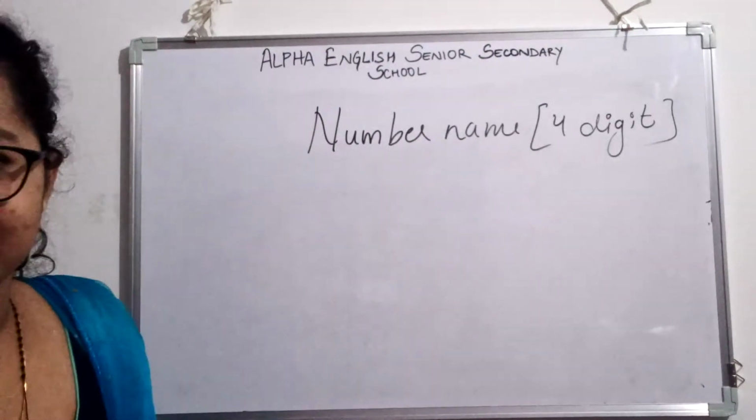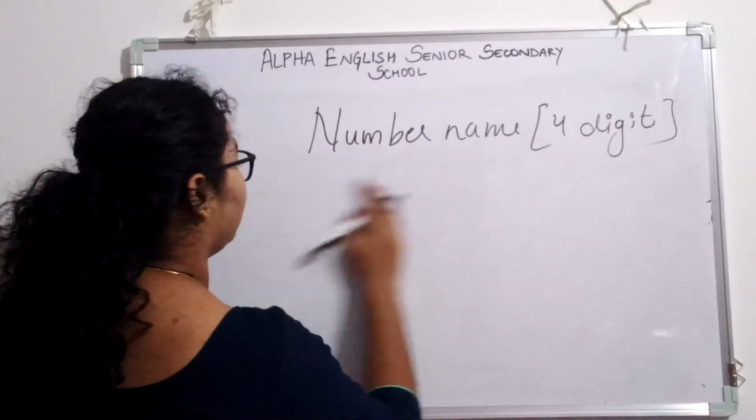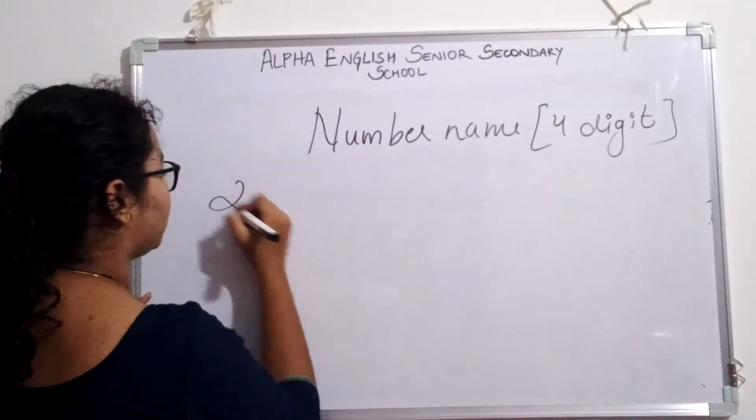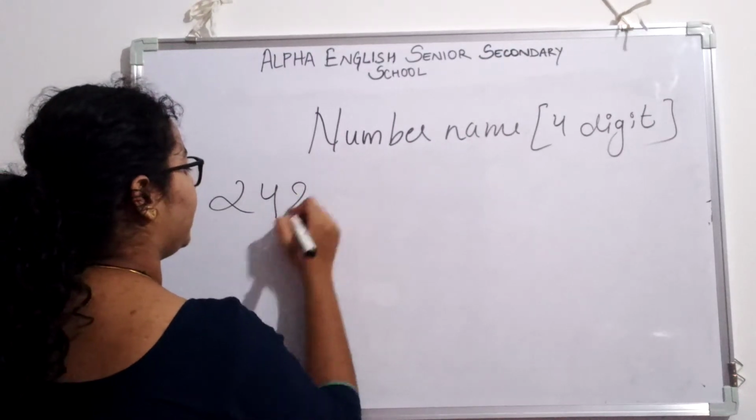It's really easy, really straightforward. Suppose we have a number like 2426.